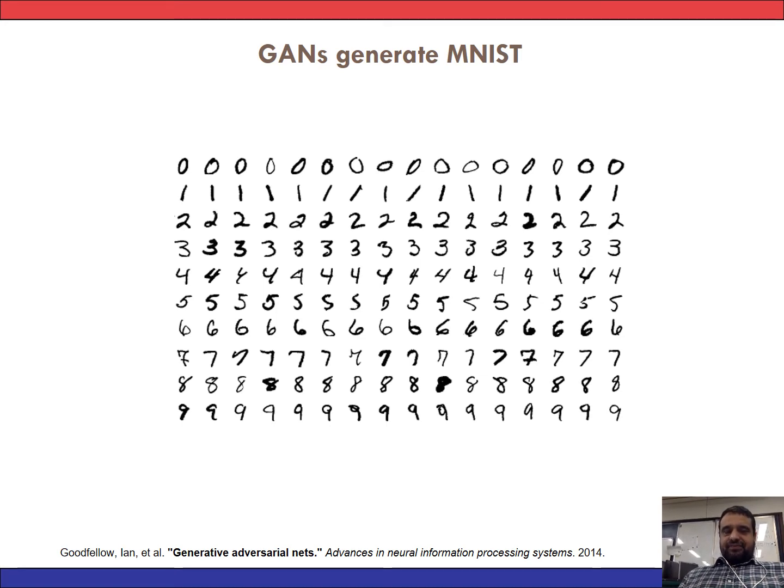So the vanilla generative adversarial network is capable of generating very realistic simple images. These are images taken from the MNIST dataset. MNIST is the handwritten digit dataset that consists of digits from 0 to 9. So here we can see that the vanilla GAN is capable of generating realistic handwritten digits from the noise distribution.